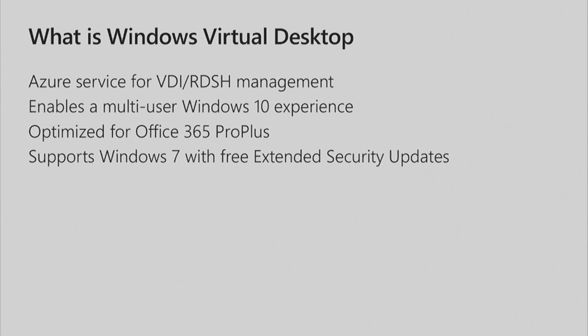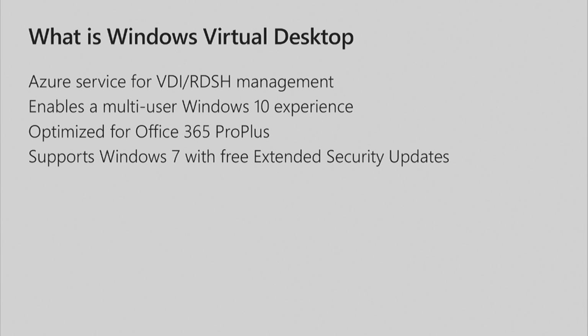Another benefit you get is if you virtualize Windows 7 into Azure, we'll provide you 3 years of extended security updates. As you are hopefully aware, Windows 7 will go end of support in January 2020. Now, we got persistent feedback from customers saying, we would like to get some additional runway. We're well on the way in migrating our Windows 7 devices to Windows 10, but we need some more time.